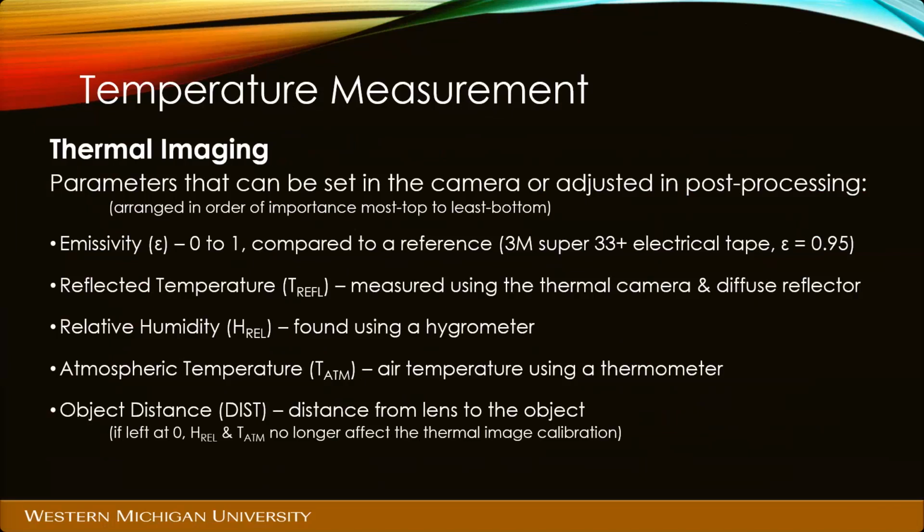We looked at absorption and emitting, and also reflection. And in some cases, we have transmission, like the lens on here is thermally transmissive. Okay? So emissivity is the most important thing.